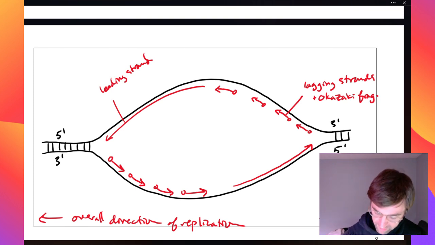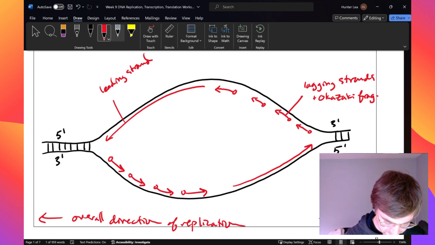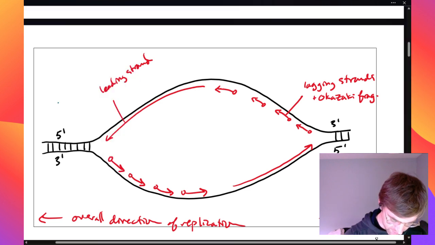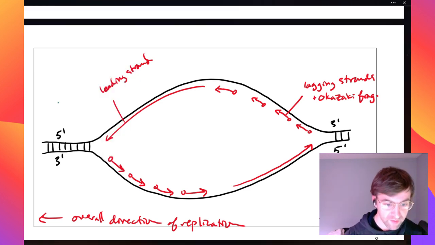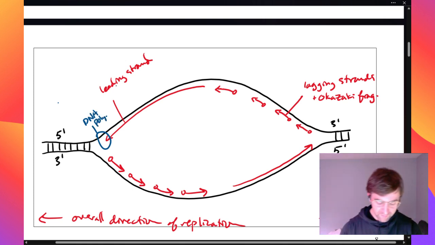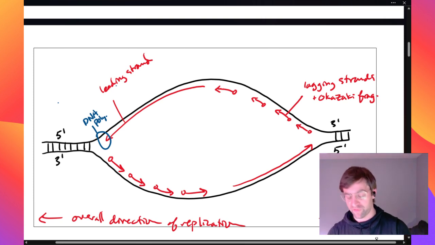So next, let's work on some proteins. We'll do these in blue, please. All right. So here we have DNA polymerase. DNA polymerase can only go in one direction, can only go in that 3' to 5' direction.